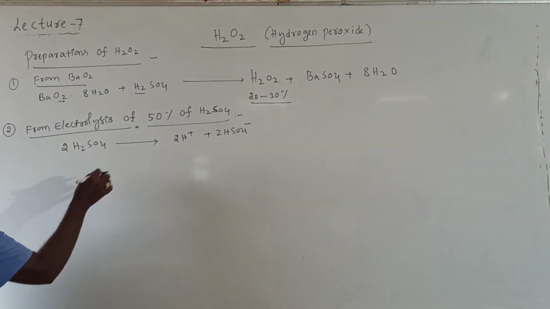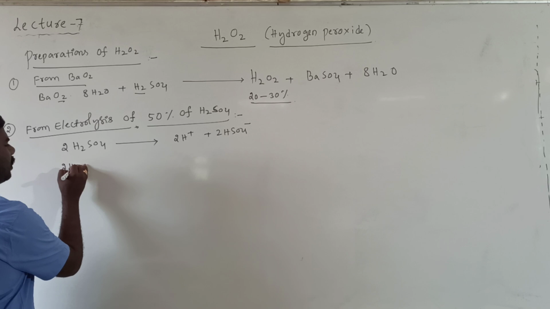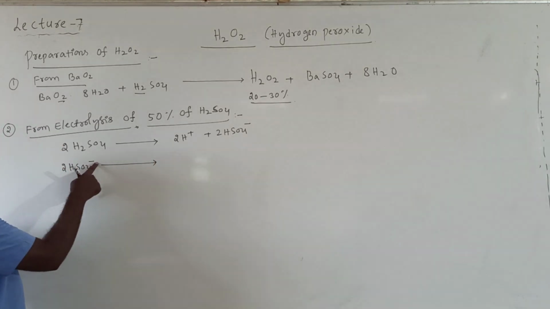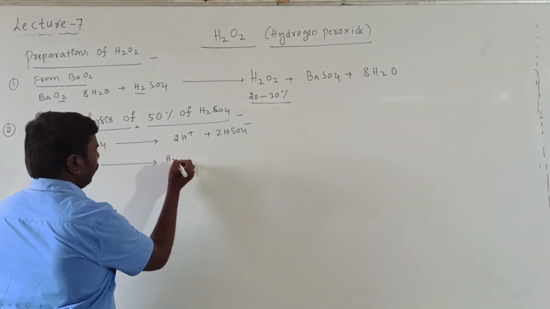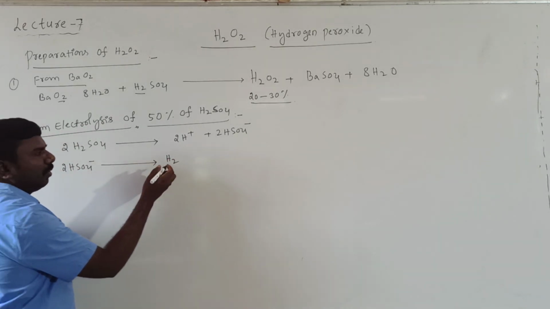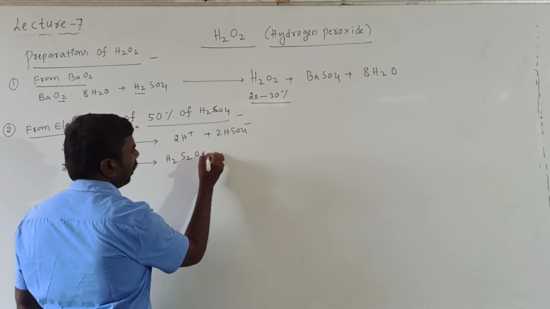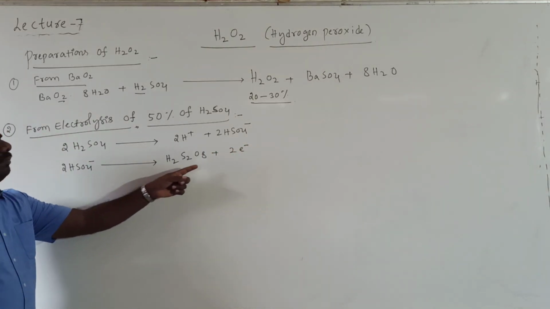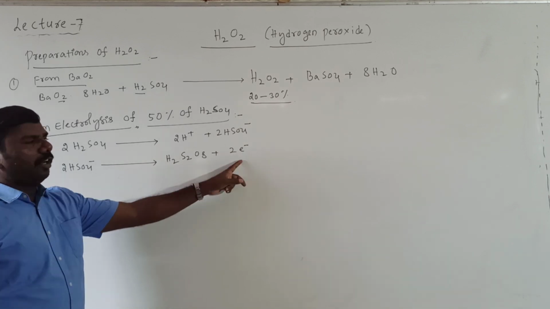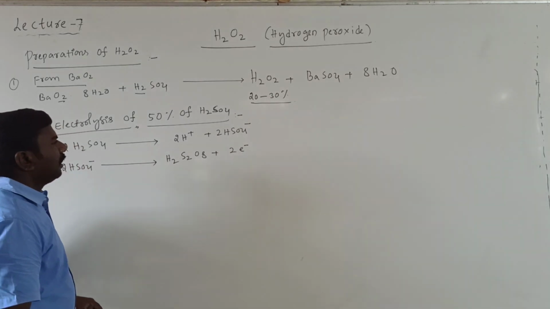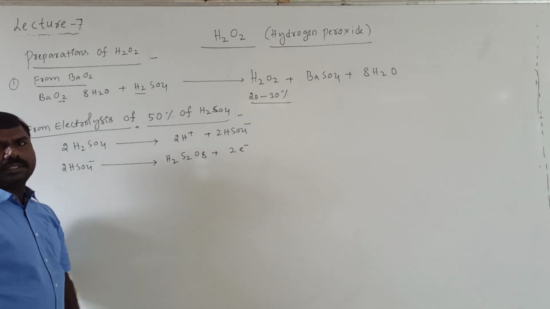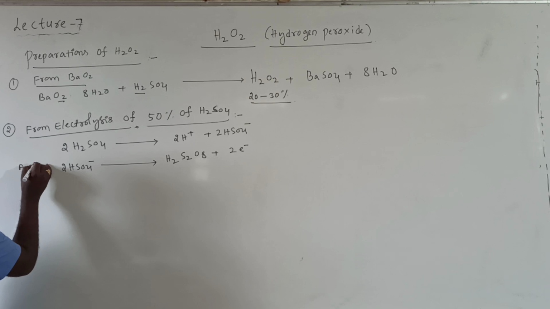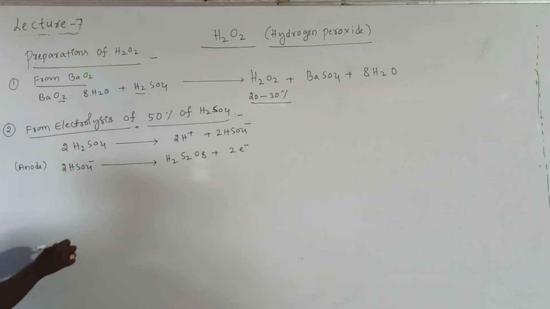Now, 2HSO4- lose 2 electrons, and it becomes H2S2O8, plus 2 electrons. So it will always be removal of electrons. It means removal of electrons, oxidation, taking place at the anode.